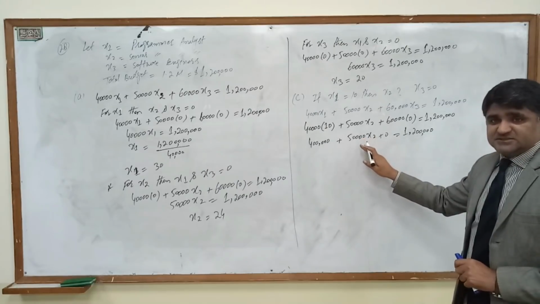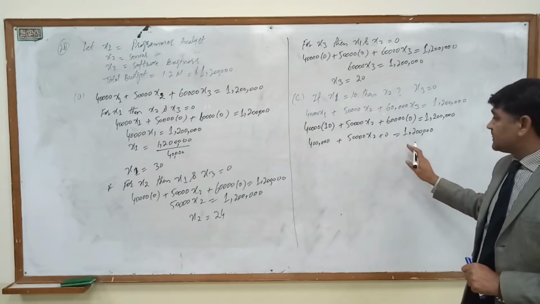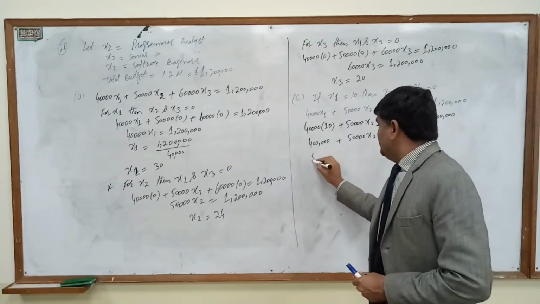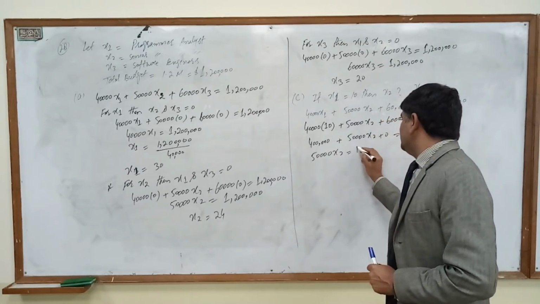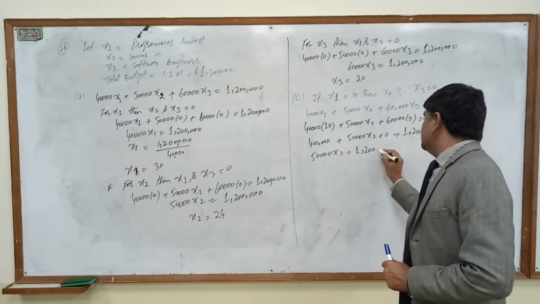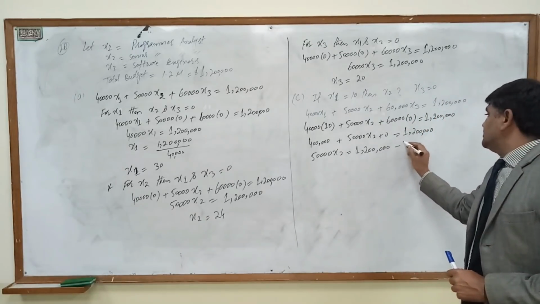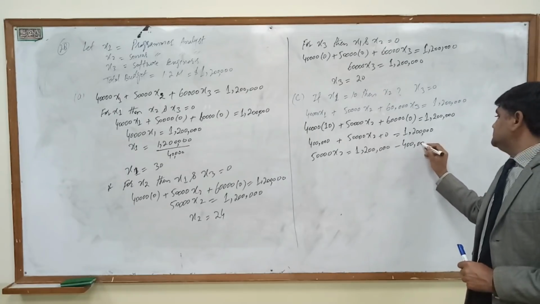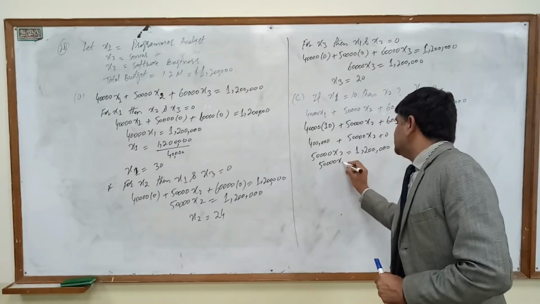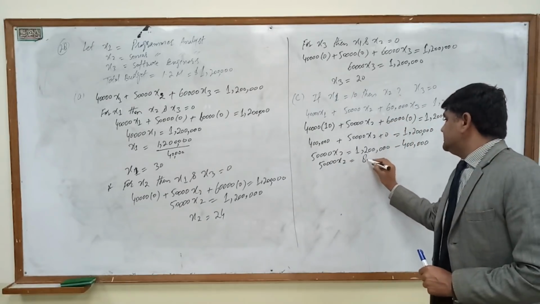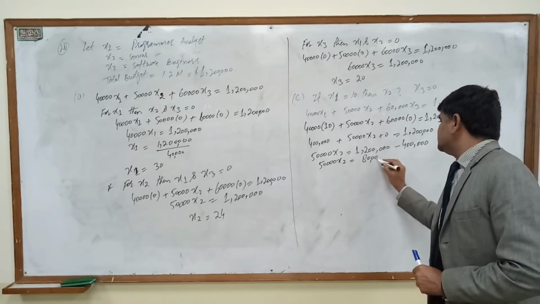So in the first equation, we shift the variable to one side and the constant to the other side. So 50,000 x2 is equal to 1.2 million minus 400,000. So 50,000 x2 is equal to 800,000.